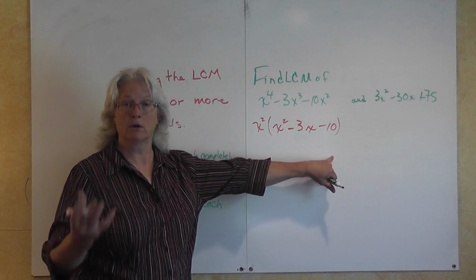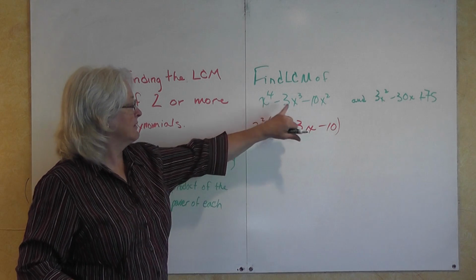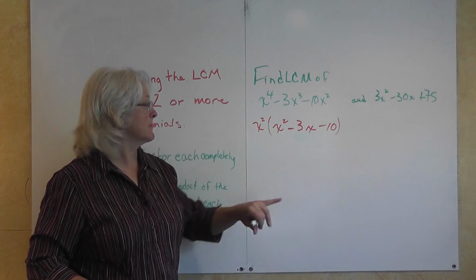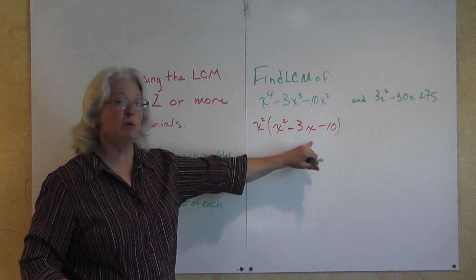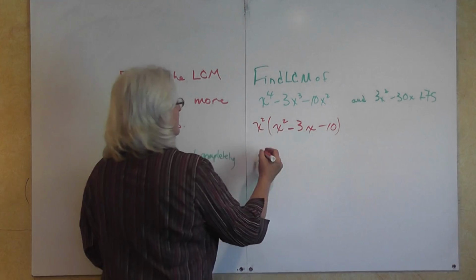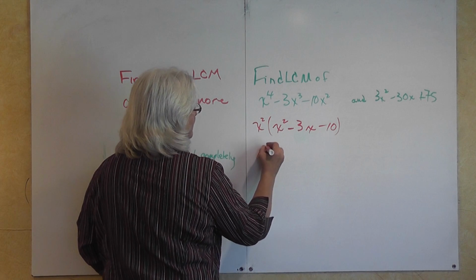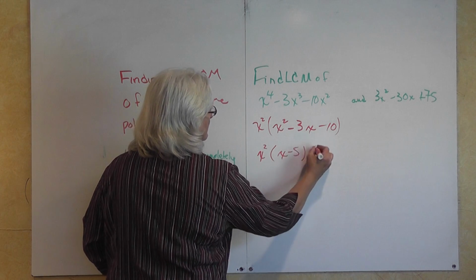This should be very easily understood by you, that we have a common factor of x squared. Now we have a trinomial in parentheses that will factor into two binomials. We've been factoring trinomials for a very long time now.